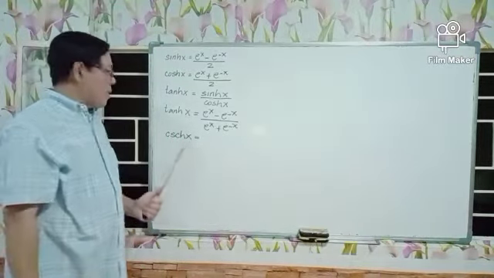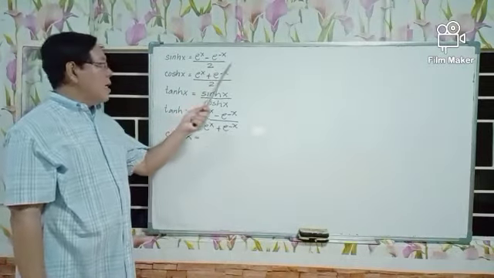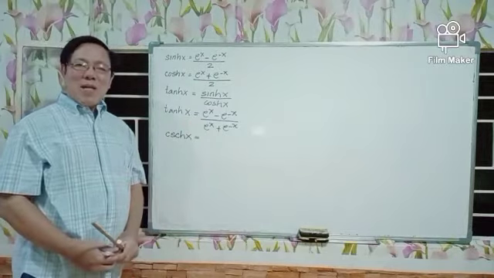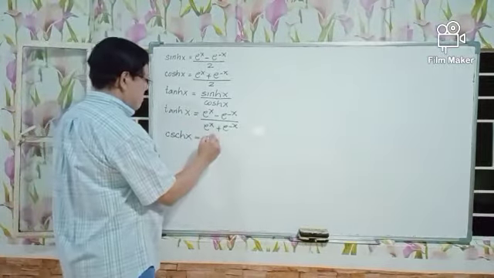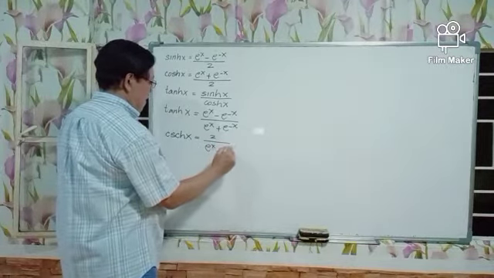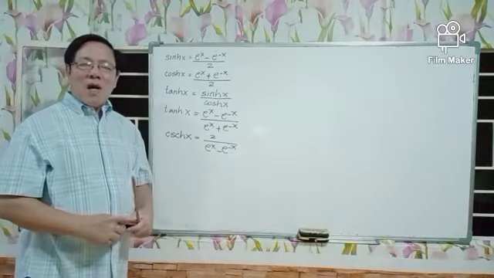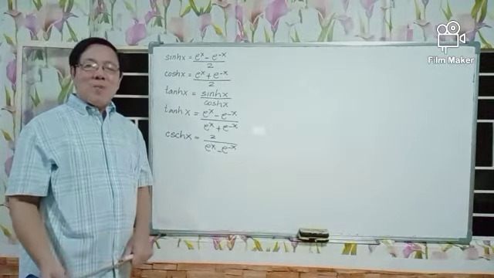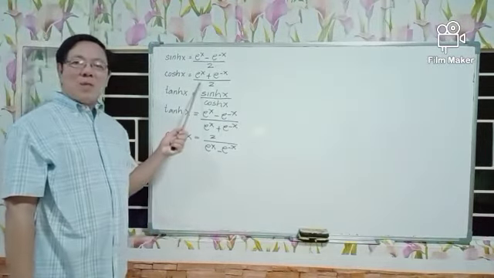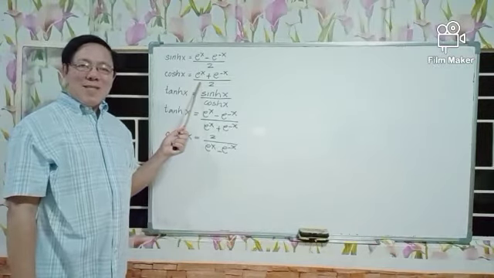And the value of the hyperbolic cosecant of x is the reciprocal of this ratio, which is 2 over e to the x minus e to the minus x. And the reciprocal of the hyperbolic cosine is known as the hyperbolic secant of x, and its value is equal to the reciprocal of this expression, which is equal to 2 over e to the x plus e to the minus x.